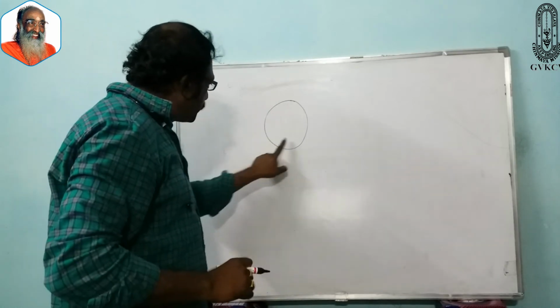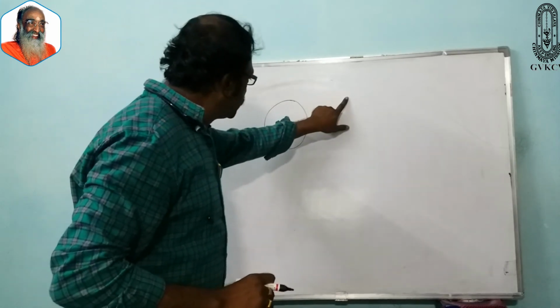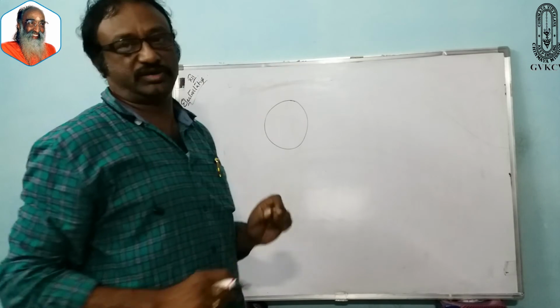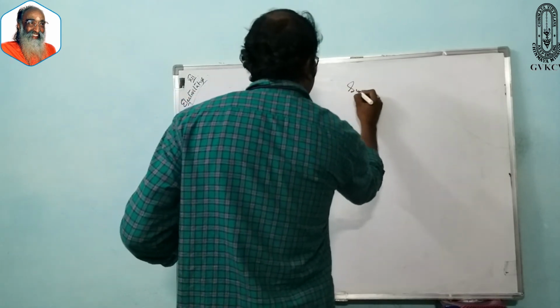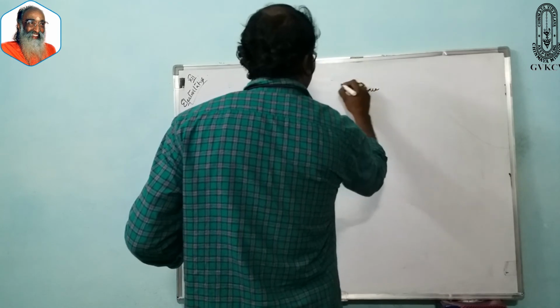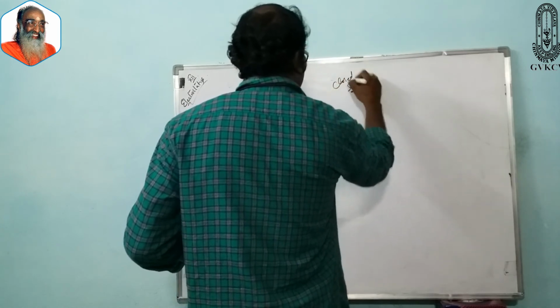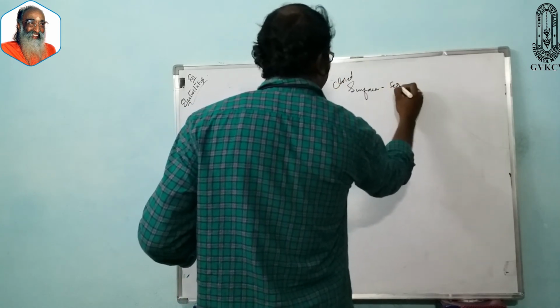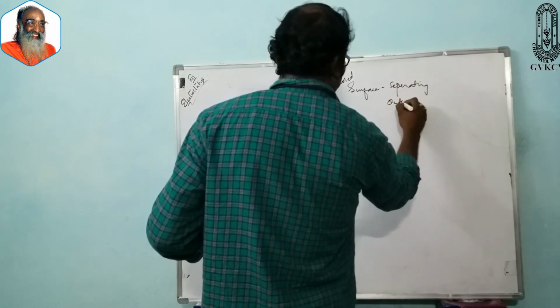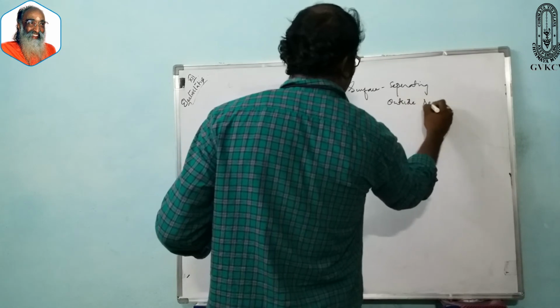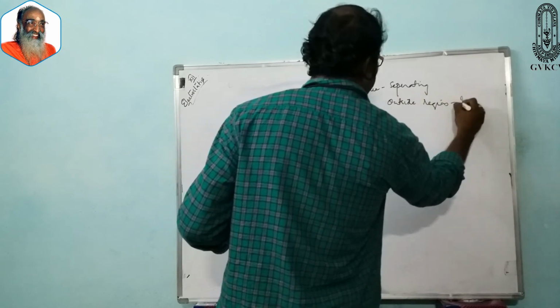This surface is separating the outer region from the inside region. That means a closed surface is separating the outside region from the inside region.